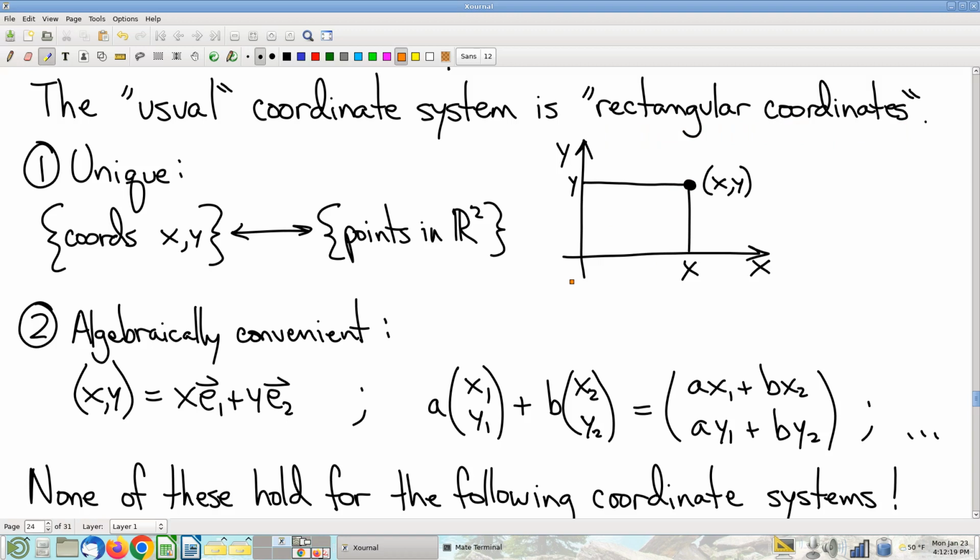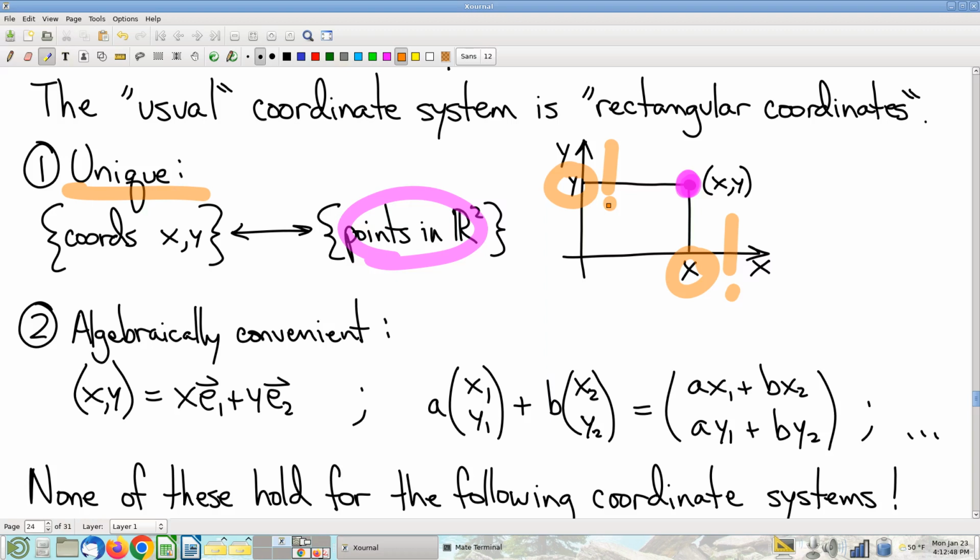And a couple of neat things to say about them, though. First of all, they're unique. And this is an underappreciated observation. If you have a point in the plane, there is exactly one x-coordinate, and there is exactly one y-coordinate. So you can talk about the coordinates of a point in R2, in rectangular coordinates.